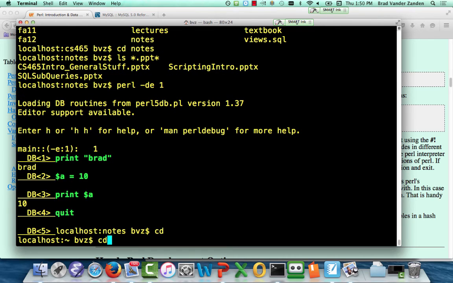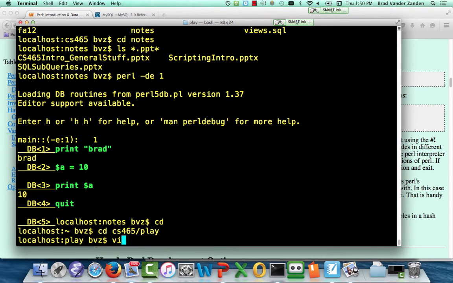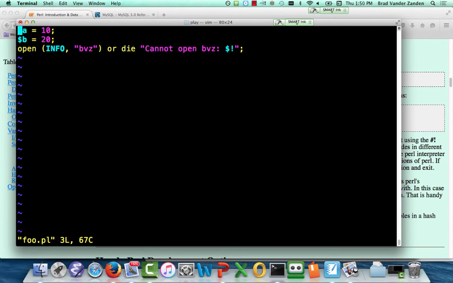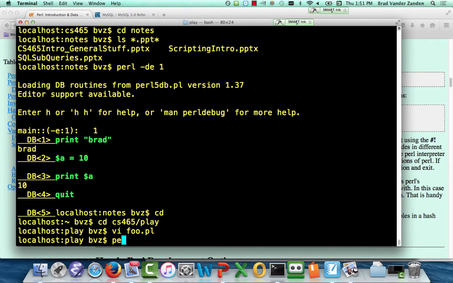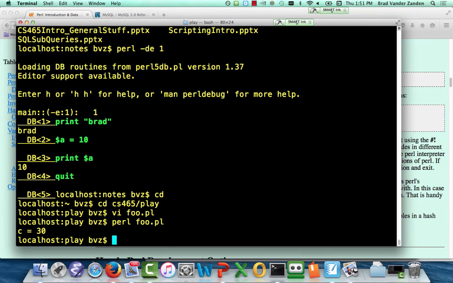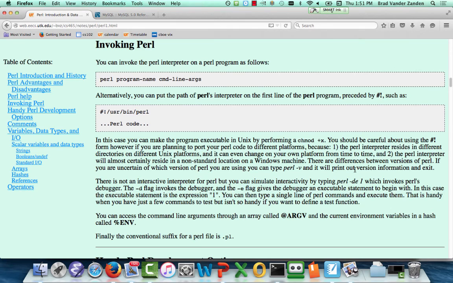But if I just create a local file, vifu.pl, $A equals 10, $B equals 20, $C equals $A plus $B, print "C equals $C \n", and I run it, I get C equals 30. So that's what I mean by running the interpreter.